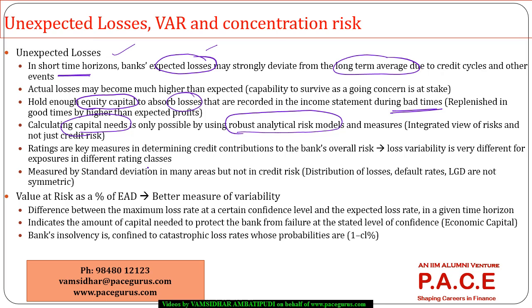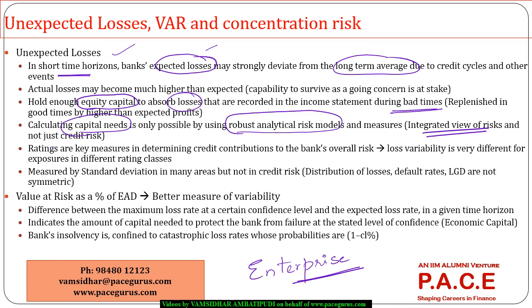So how much capital should really be required as a backup needs robust analytical risk models and measures. But again, these models should not be restricted purely to credit risk alone. They have to look at the complete enterprise-wide risk, and the amount that needs to be set aside as a compensation should follow an enterprise risk perspective rather than a silo approach. So there should be an integrated view of the risk, not just the credit risk.